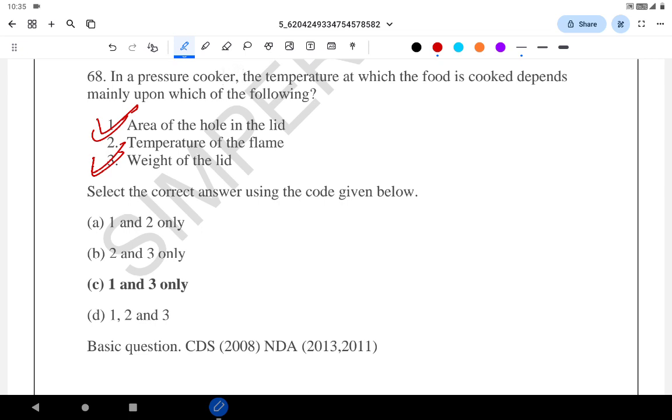Inside the pressure cooker, the boiling point is increased by the pressure inside the cooker. Say the temperature can go to 210 degrees Fahrenheit with normal pressure at a normal boiling point. If the pressure is increased in the pressure cooker, the boiling point can be increased. The temperature can be increased to 250.